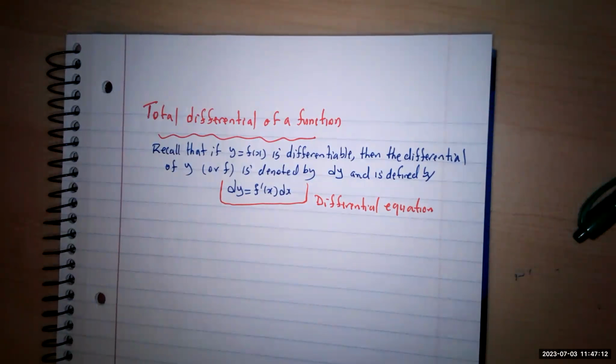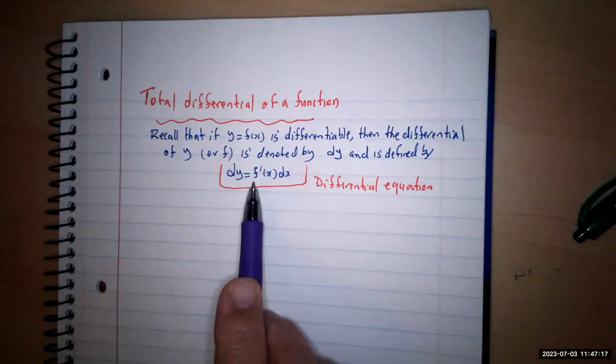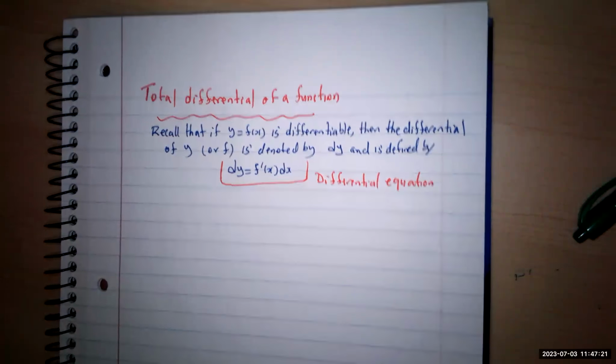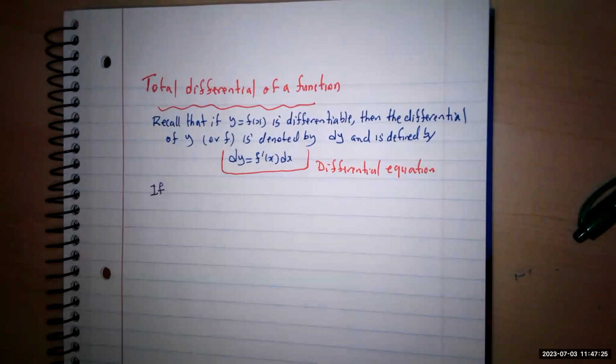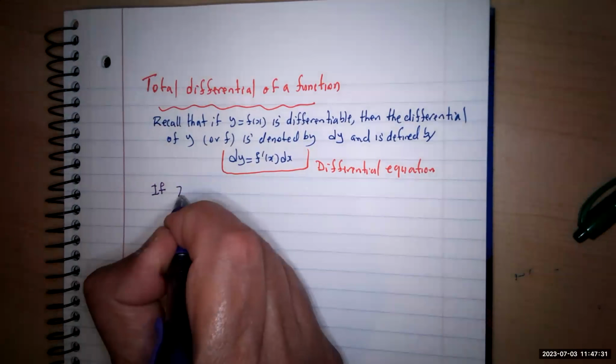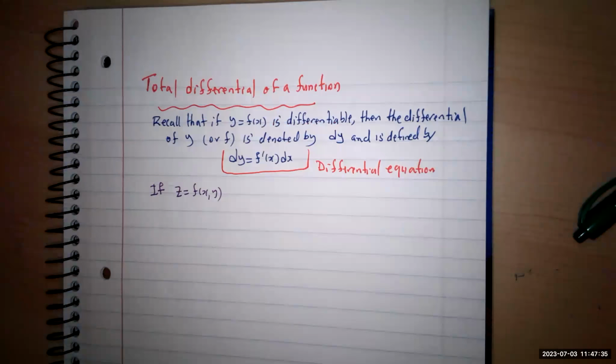We can copy it, going to the function of several variables. So for several variables, we switch the derivative of the function into the partial derivatives. This is the three-dimensional copy, HD version. So the HD version would be, if z equals f of x, y, we know that if this function is differentiable, the partial derivatives are going to be continuous, or if the partial derivatives are continuous.